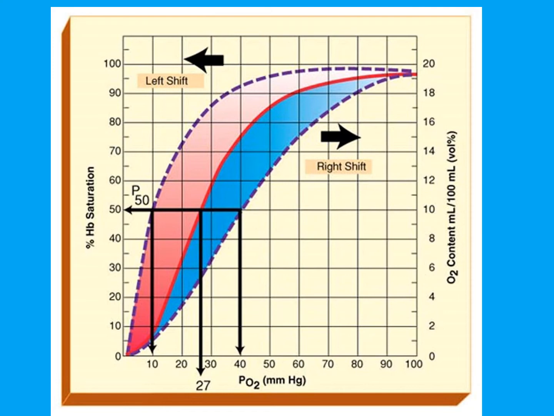So when someone's right shifted, it actually increases the affinity for oxygen to be released. As that same hemoglobin molecule travels from the lungs to the tissue, when it reaches that lower pH and that higher temperature, it's going to change the shape of that hemoglobin, and whatever oxygen is on there, dump it off. It's going to get rid of it.